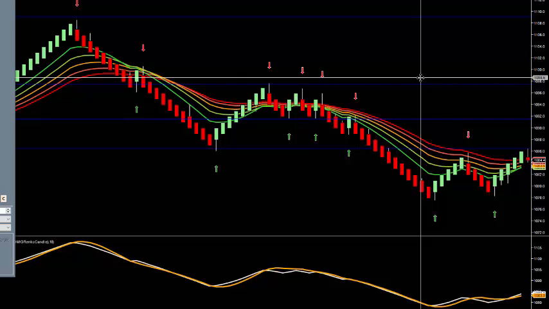Here, my chart looks really clean because I'm using my Renko bars at 20 ticks a bar, right? So it's a pretty large time frame for Renko bars, but it gives me an overall view of the feel and movement of the market.